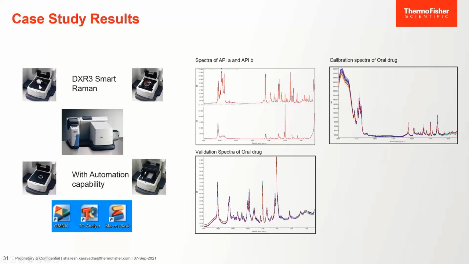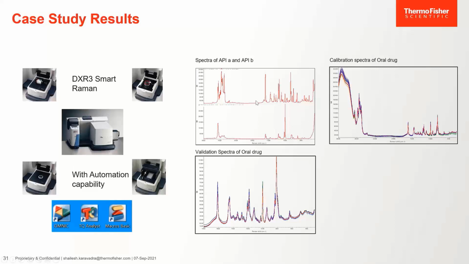If you want to do a standalone measurement for one single glass bottle or one single glass vial, it can also accommodate that. The DXR3 Smart Raman system can be used along with the Omnic XI software, TQ Analyst for quantitative or qualitative method, and can be totally automated by using Macros Basic.